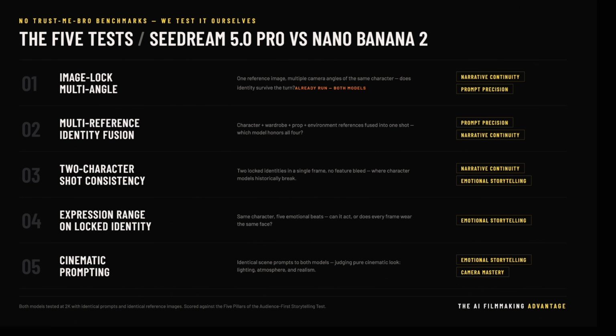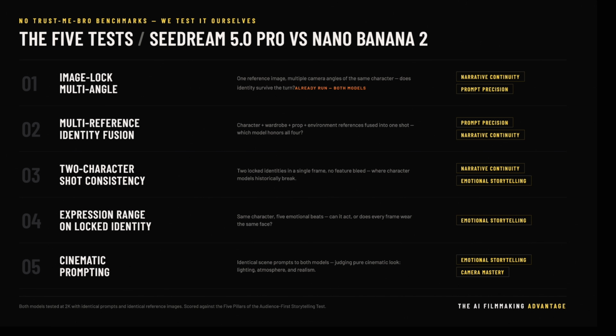We're going to be looking at image lock and multi-angles, basically using a reference image to create a consistent character and seeing how Seedream 5 Pro stacks up against the other models. Because as you've seen in previous videos, when I go through this process, Nano Banana 2 has been my base model for this.